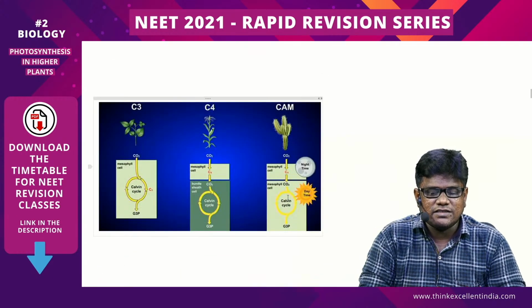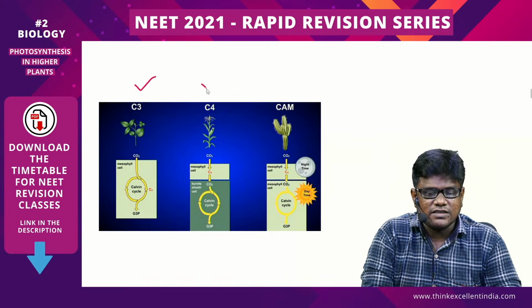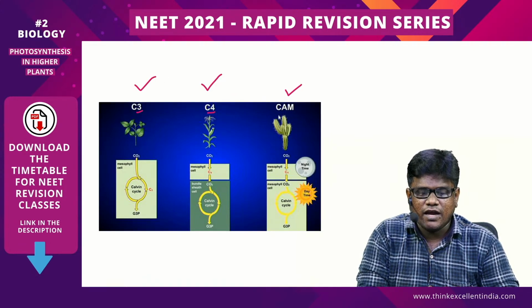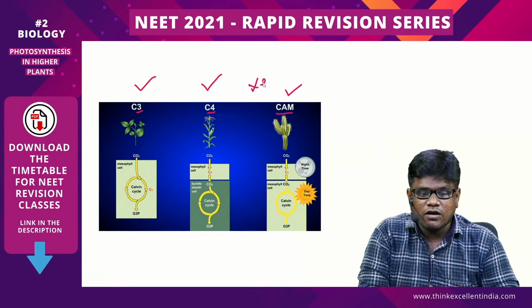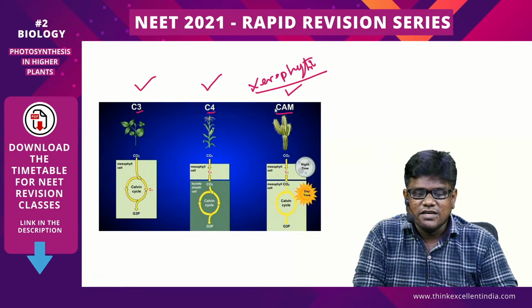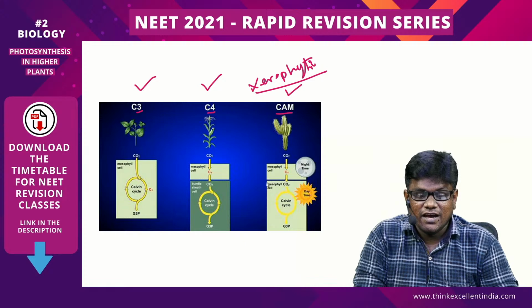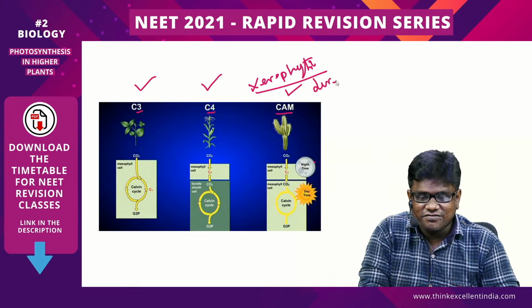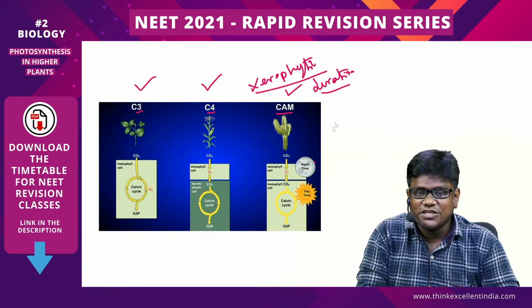And here you can see the 3 different types of photosynthetic process: C3, C4 and CAM. What does CAM mean? Xerophytic plants. So for xerophytic plants, the duration is different. What is different? The duration.